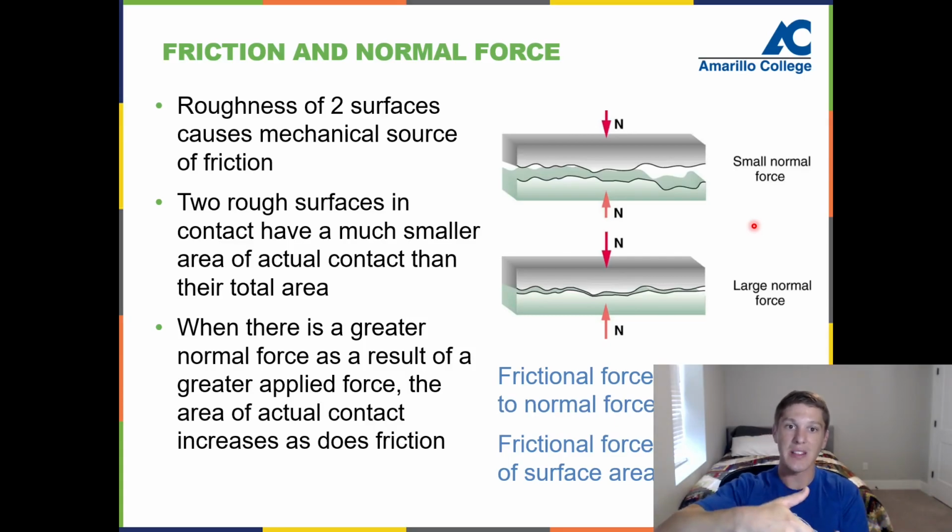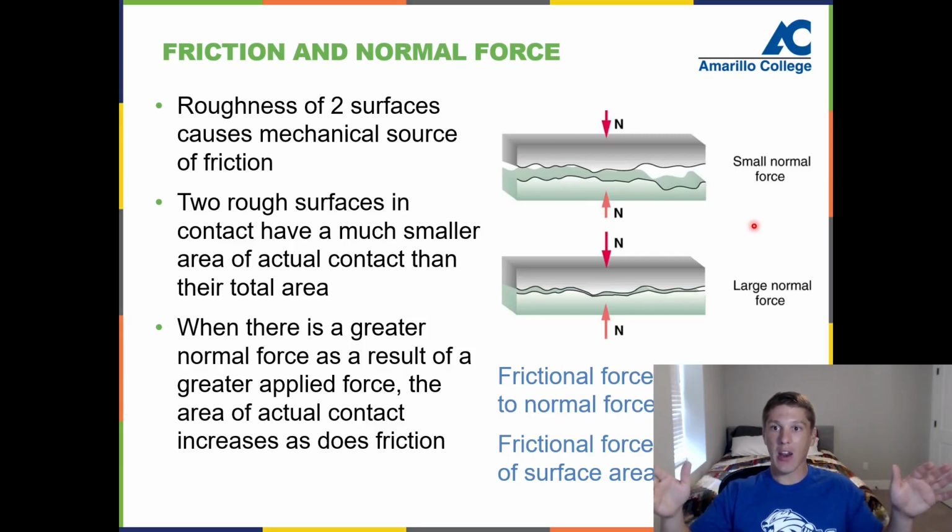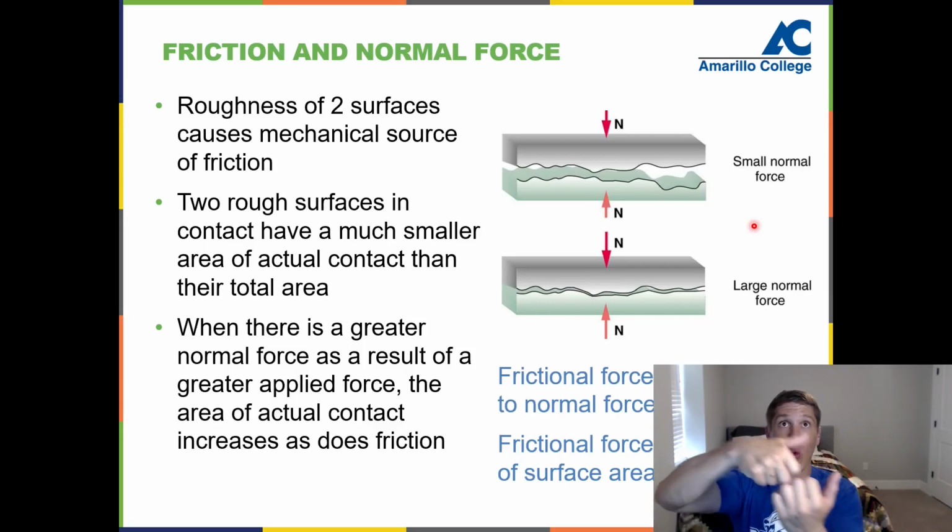It's just the places where the peaks line up. So the actual contacting surface area is very, very small when compared to the macroscopic or the large overall dimensions of the box. It's just a series of points that are contacting at the peaks.